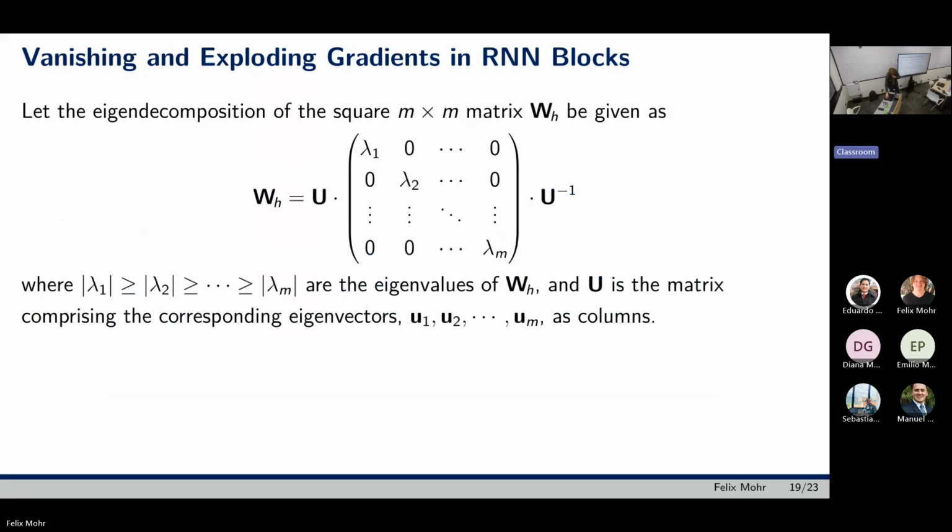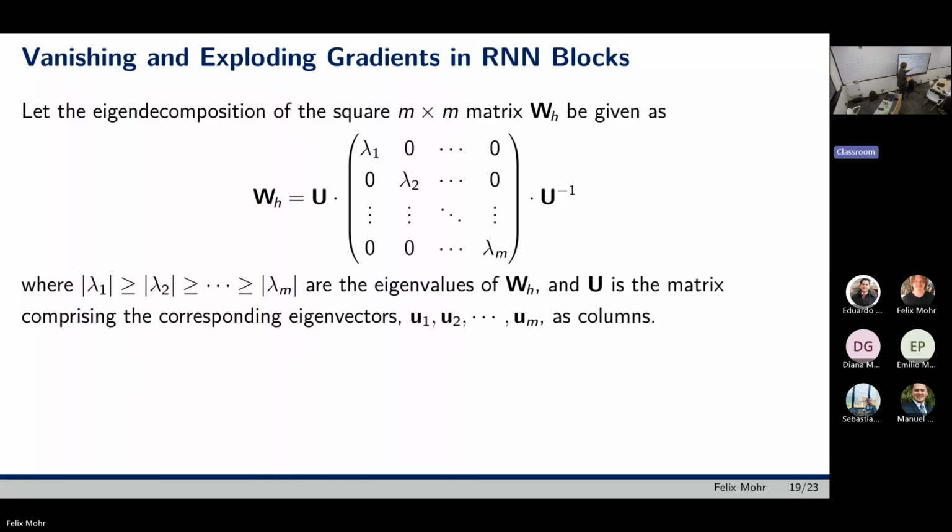So in linear algebra, there is a concept of eigenvalue decomposition. Every matrix with a certain property, and this property holds for our weight matrices, you can represent as some matrix U multiplied with a diagonal matrix and then times U inverse.